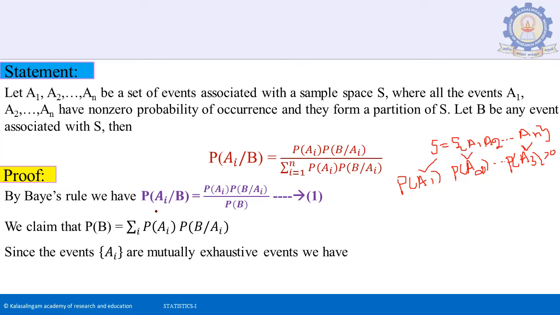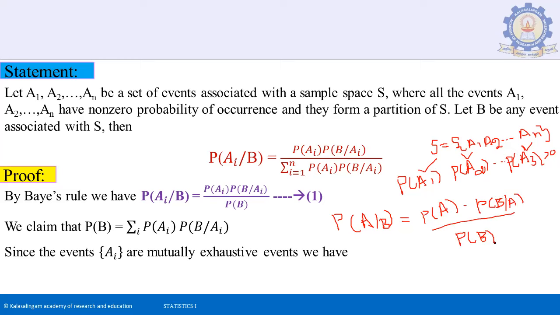Let's start with the Bayes rule: P of Ai given B equals P of Ai into P of B given Ai divided by P of B. In the Bayes rule, we take only two events: P of A given B equals P of A into P of B given A divided by P of B. But here we are collecting n number of events.